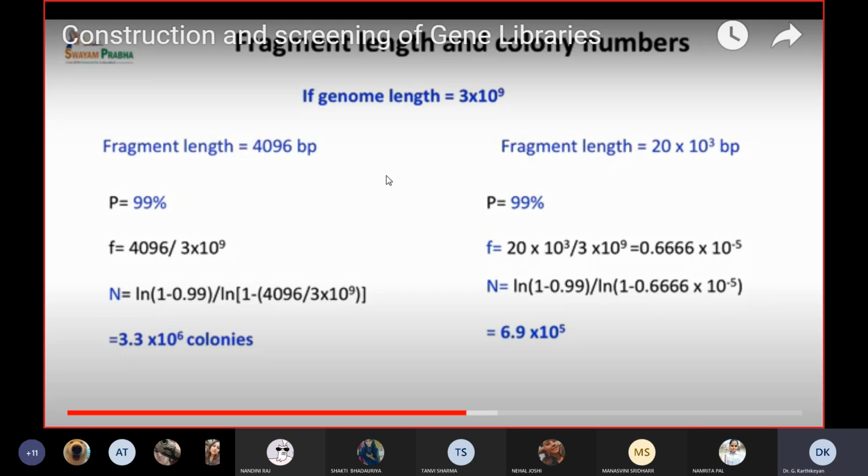Pay close attention to the explanation in this slide. This is a beautiful summary of how you will screen a library and how many colonies need to be screened.